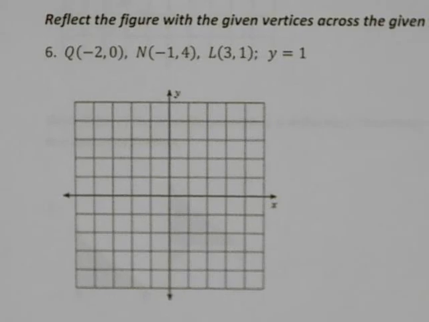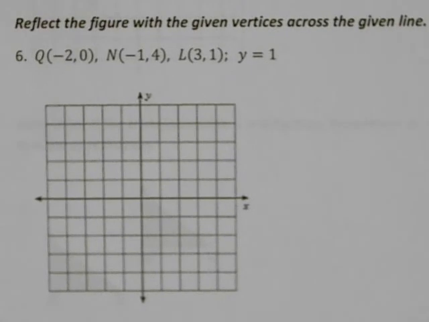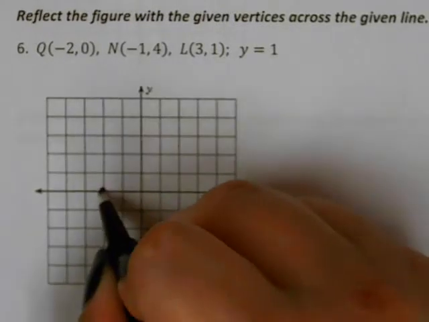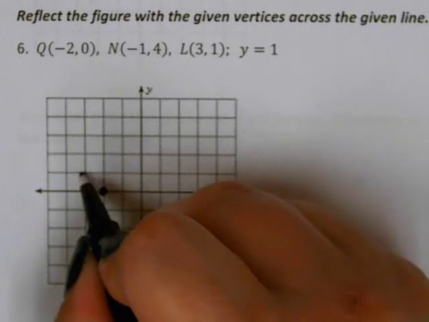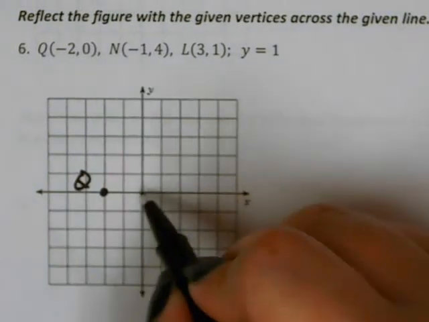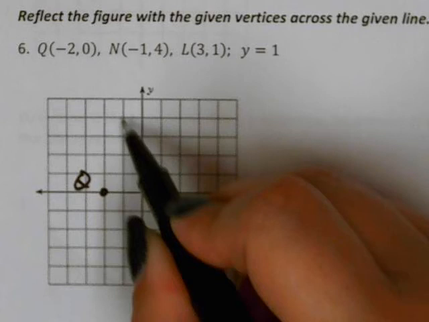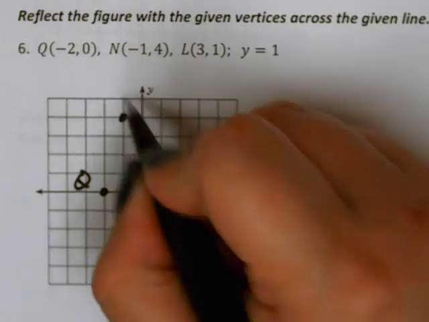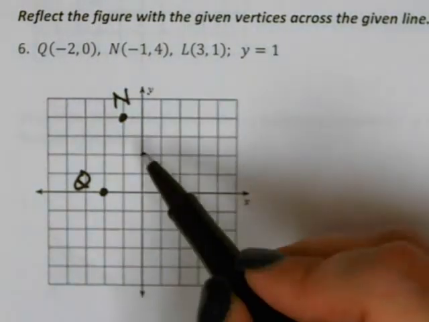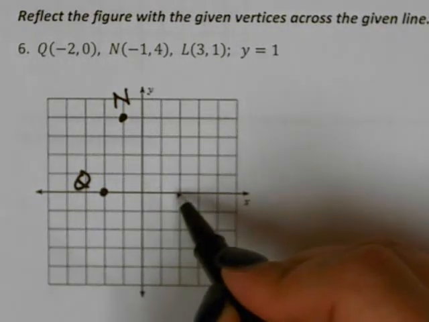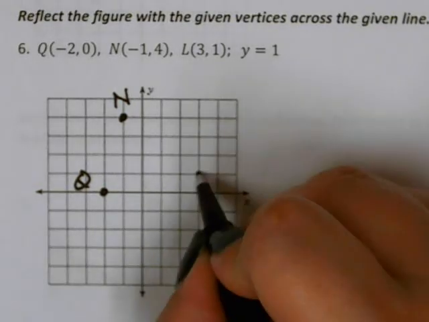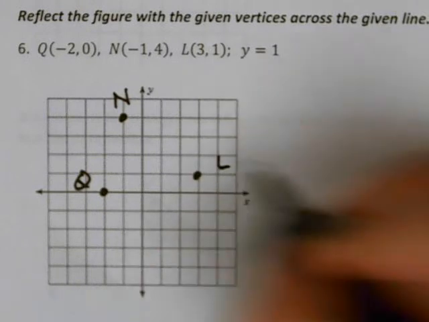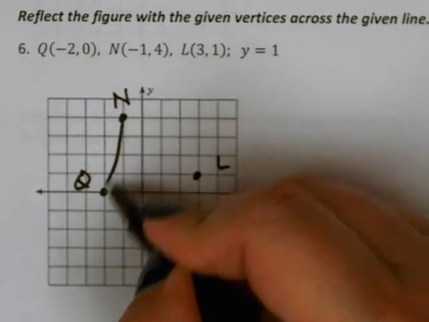For question 6, reflect the figure with the given vertices across the given line. So the first thing we have to do is actually graph those points. So the point -2, 0 would be right here, and that is Q. The point -1, 4 would be right here, that is point N. And then the point 3, 1, so 1, 2, 3, 1 would be right here, that is point L. And then we're going to connect the points.